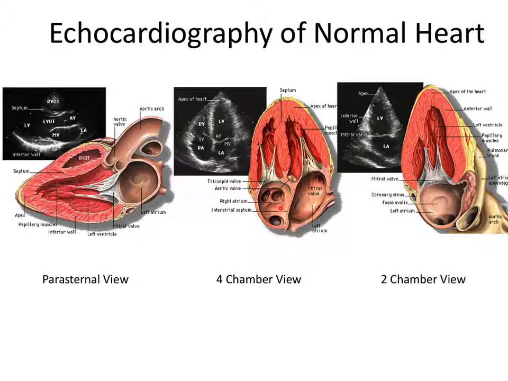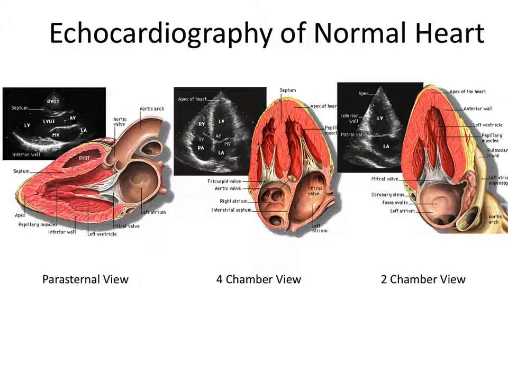For this view, you can see the wall motion of the septum, whether or not the muscle is functioning correctly, and the RV, the relative volumes. And you can see both sets of valves, whether or not they're functioning well. You should know these parts of the heart that are labeled on these diagrams.